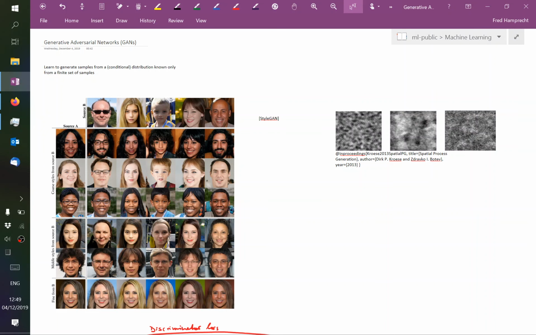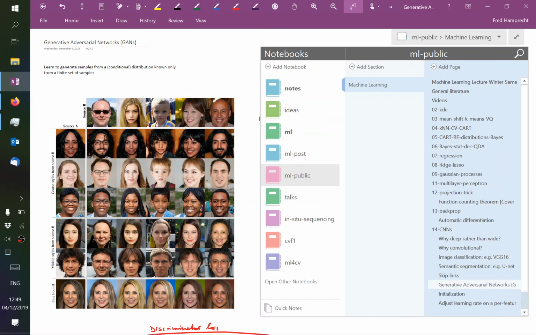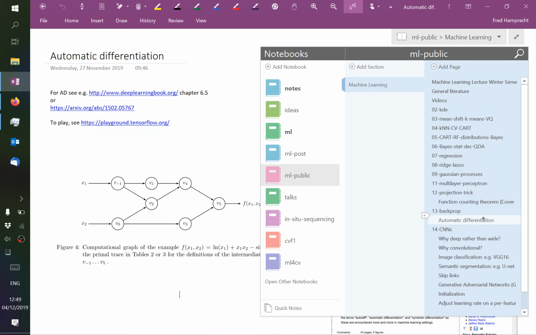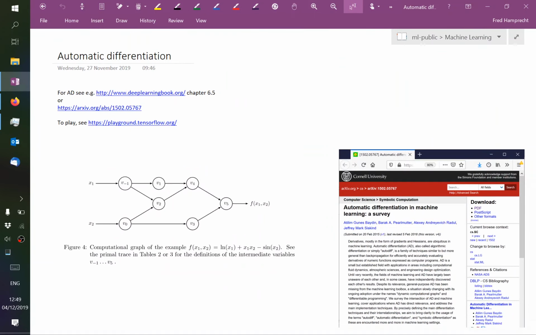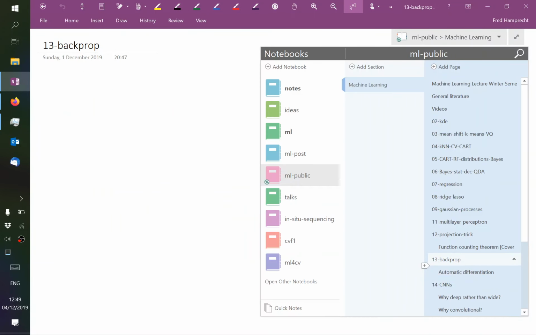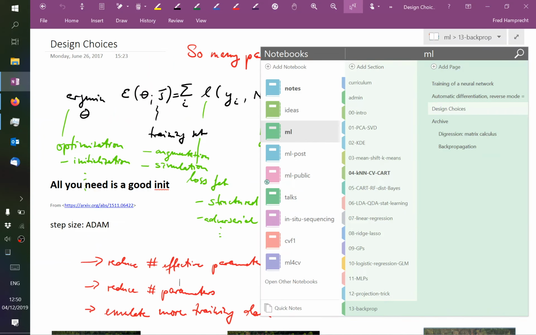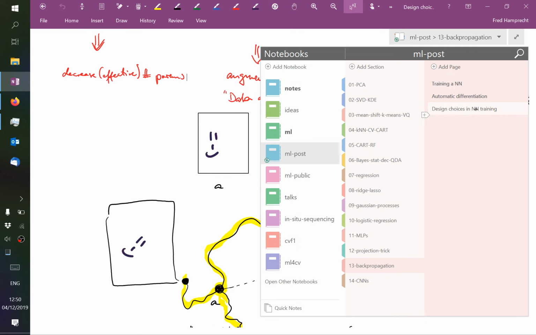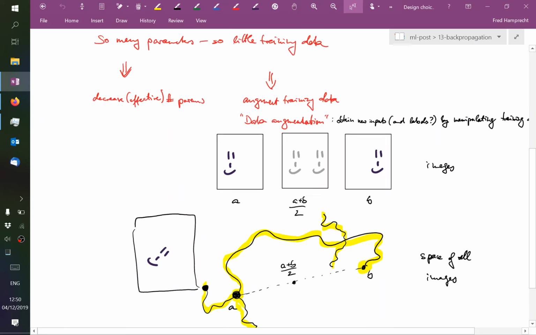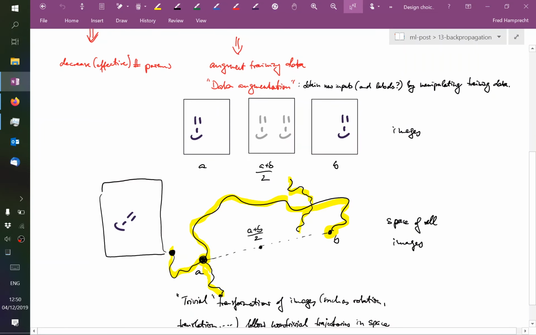Also, if you remember what we said last time about data augmentation, somewhere here, if you remember this example here, point A from the space of all images is a good representative.